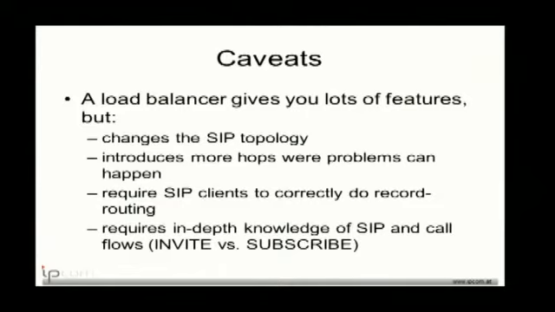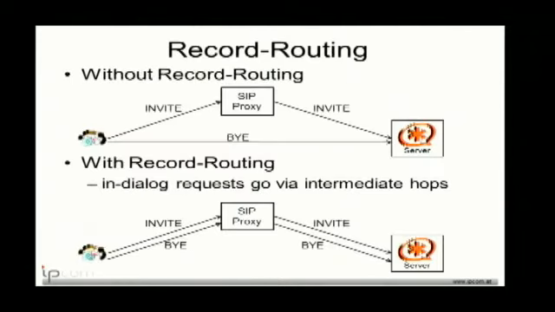If you have multiple hops, you usually use the SIP feature called record routing and loose routing, and there are still always clients out there which do not implement it correctly. I will also show you an example where invite and subscribes must be handled differently. For example, if you don't use record routing, only the first invite will be sent via the load balancer, and all in-dialog requests like the acknowledge, the bye, re-invites, and refers will be sent directly to the server.